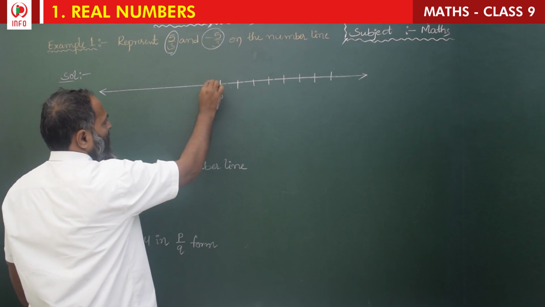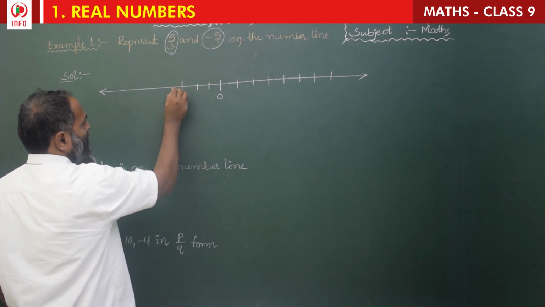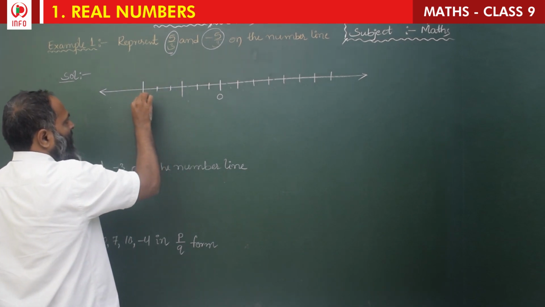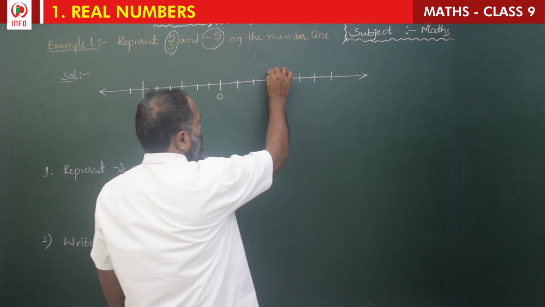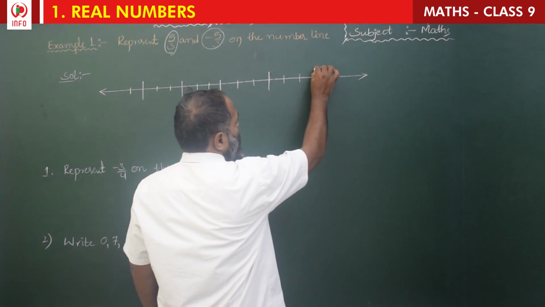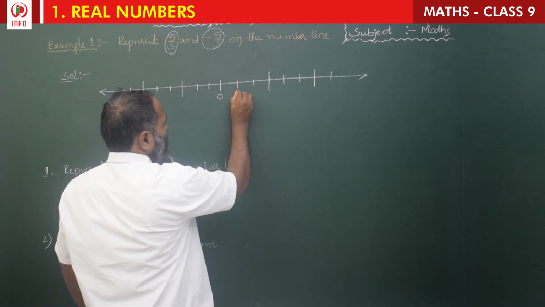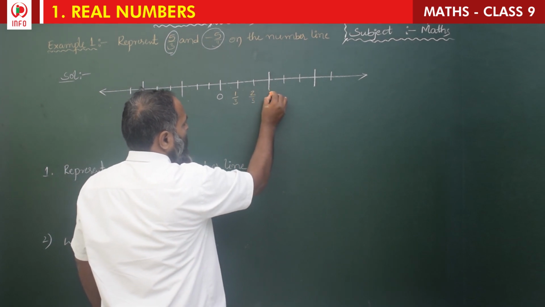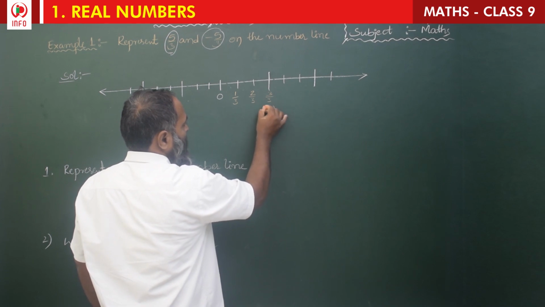On the left side, minus 1 by 3, minus 2 by 3, minus 3 by 3, minus 4 by 3, minus 5 by 3, minus 6 by 3, minus 7 by 3 and so on. See here, 0, here 1 by 3, next 2 by 3, here 3 by 3, which is 1.